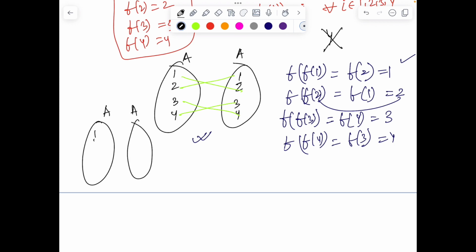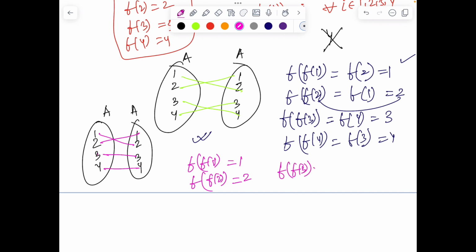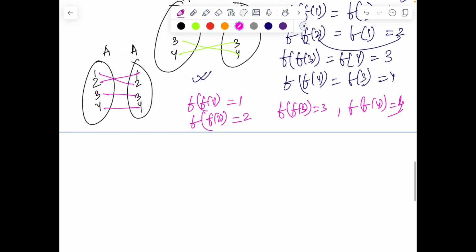Can you think of more such sample structures? Of course, here we could have given 1, 2, 3, 4, 1, 2, 3, 4. I could have grouped 1 with 2, 2 with 1, and made 3 with 3 and 4 with 4, right? So clearly f of 1 will be still the same as the second case, f of 2 still the same as the second, and f of 3, since f of 3 is 3, back to 3, and for 4 same situation.